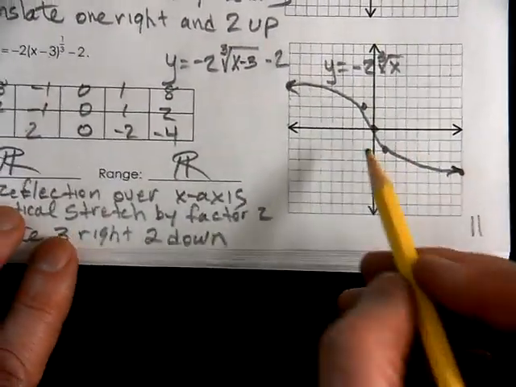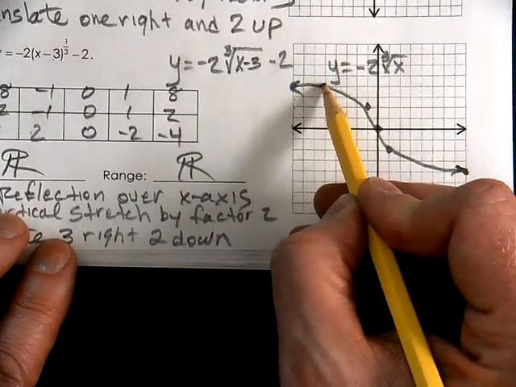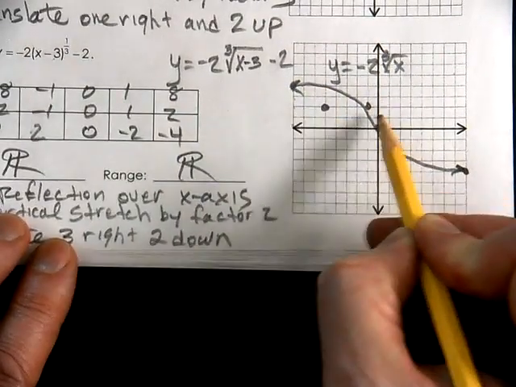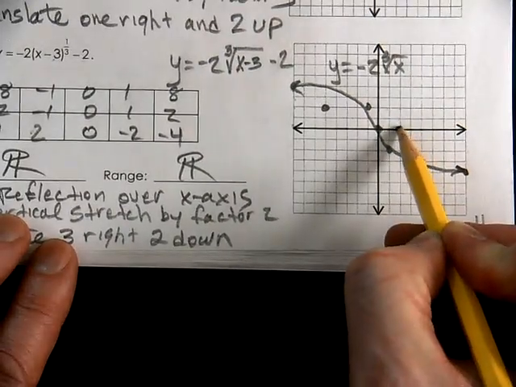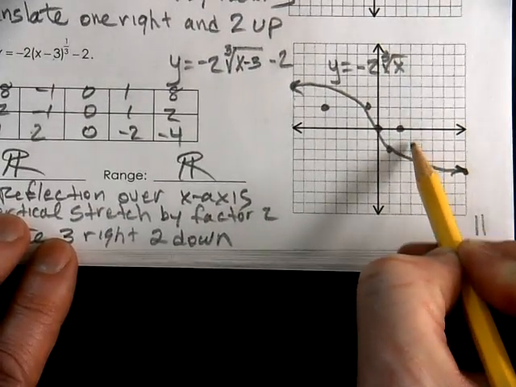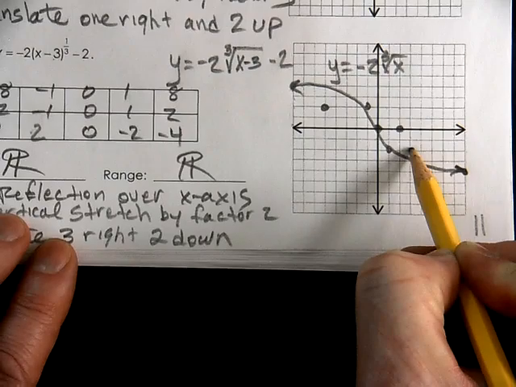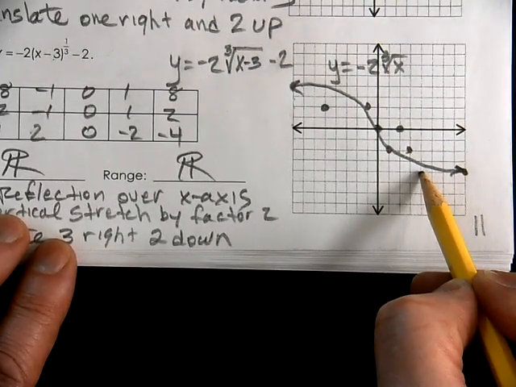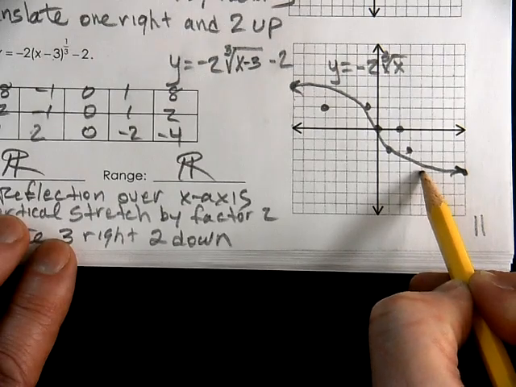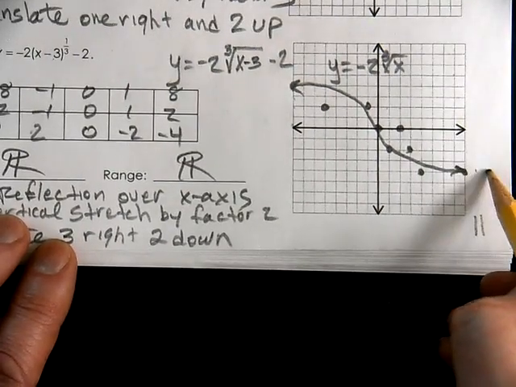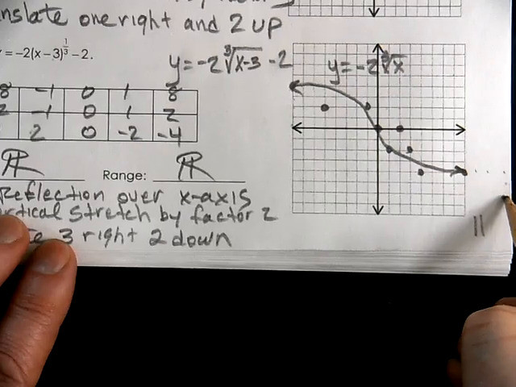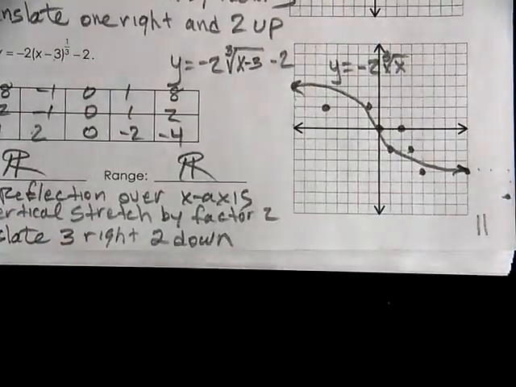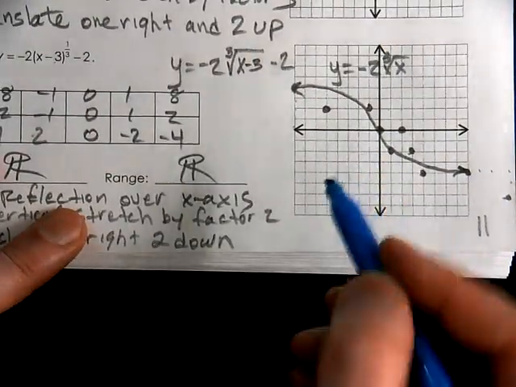That means we take all our points and go 3 to the right, 2 down, 3 to the right, 2 down, and you can graph those.